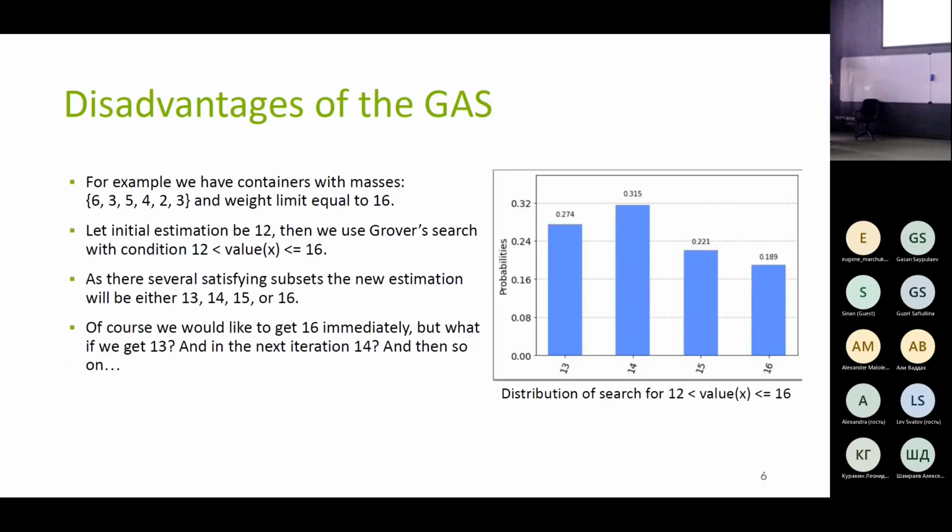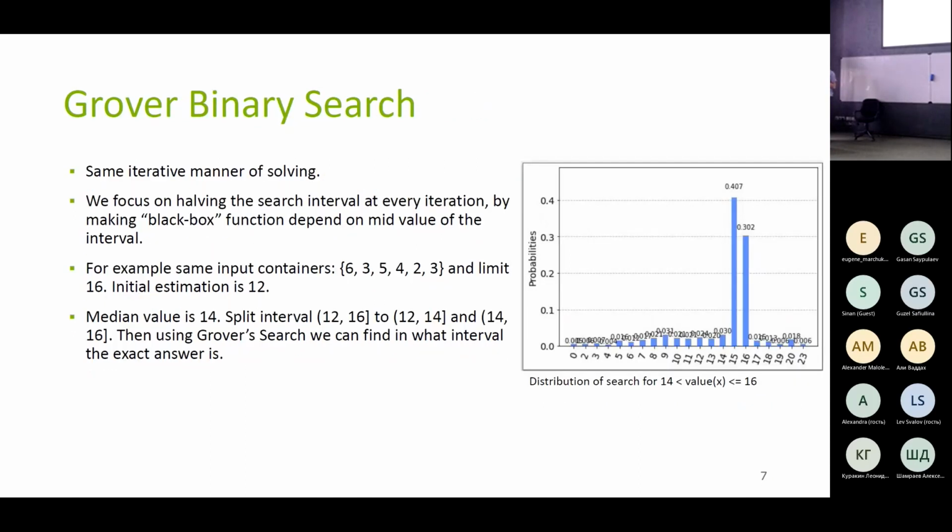In the same example, we know that our first estimated answer is 12, and then the ground truth answer lies somewhere in this range from 12 to 16. And we decided to just split this range in half and run the Grover search that will look for an answer that is bigger than the median value.